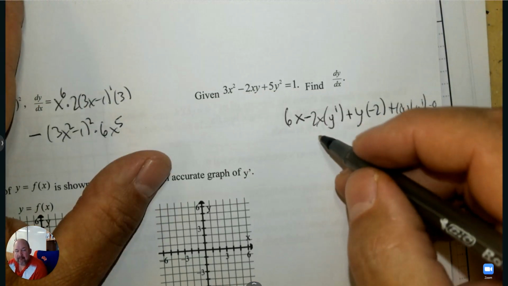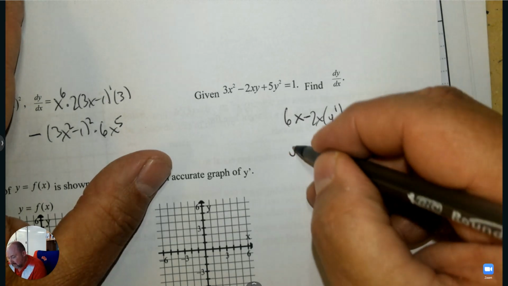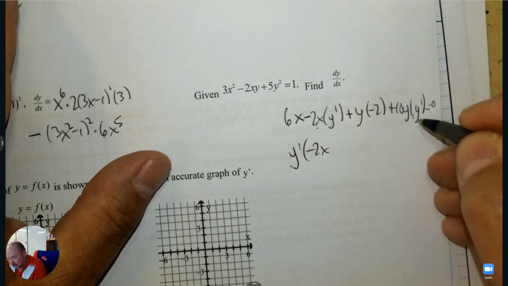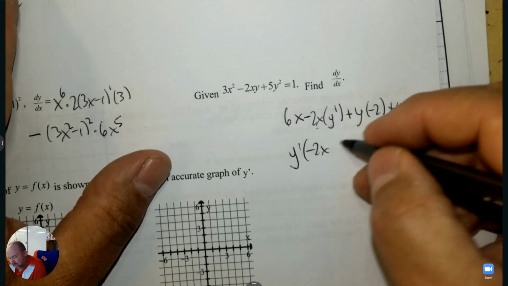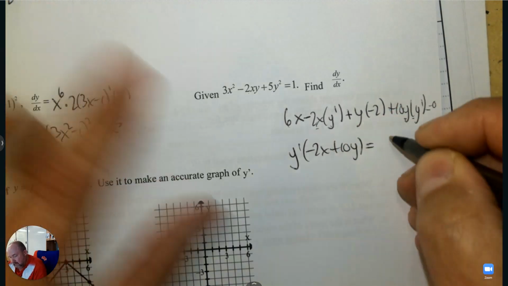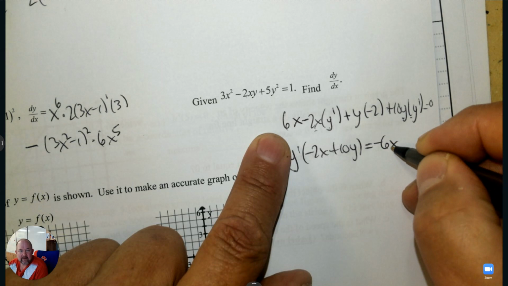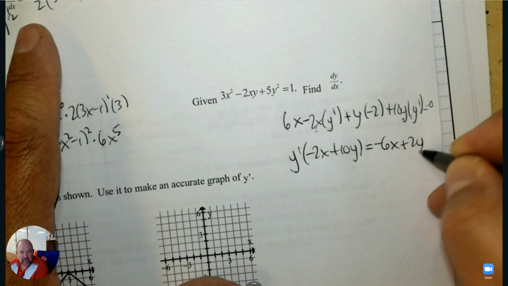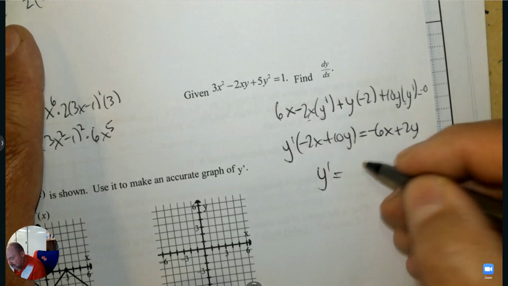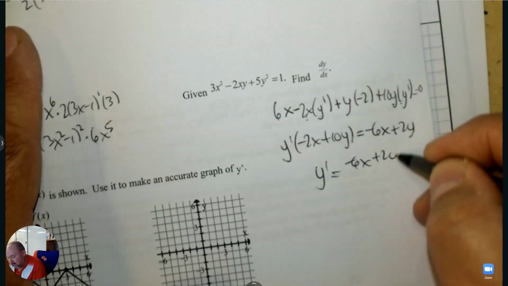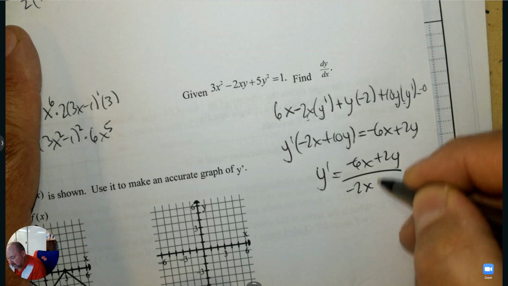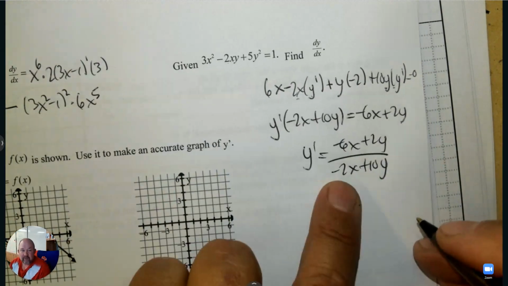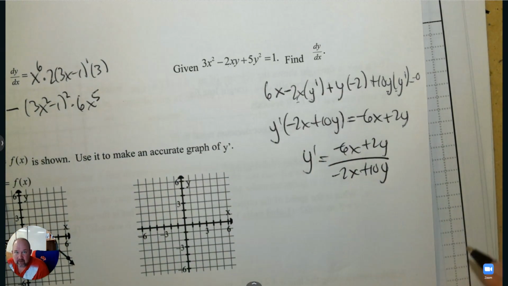And then the y primes, I'm going to factor out a y prime from negative 2x and from 10y. That becomes negative 6x. Where's the other one? That's negative 2, so it becomes positive 2y, and then I divide. So I have negative 6x plus 2y over negative 2x plus 10y. You don't have to simplify. You could divide everything by 2, but you don't have to do that.